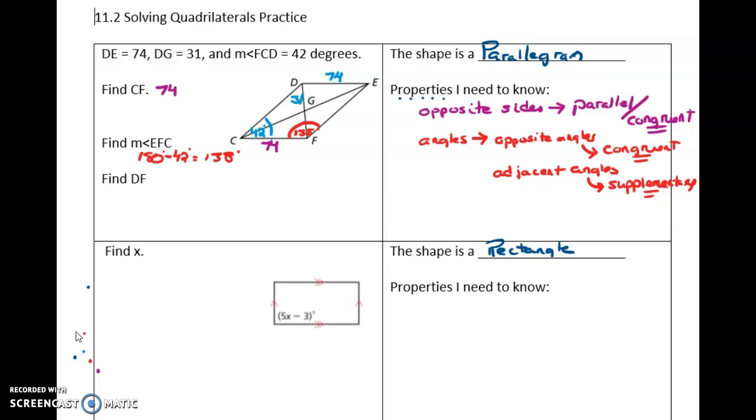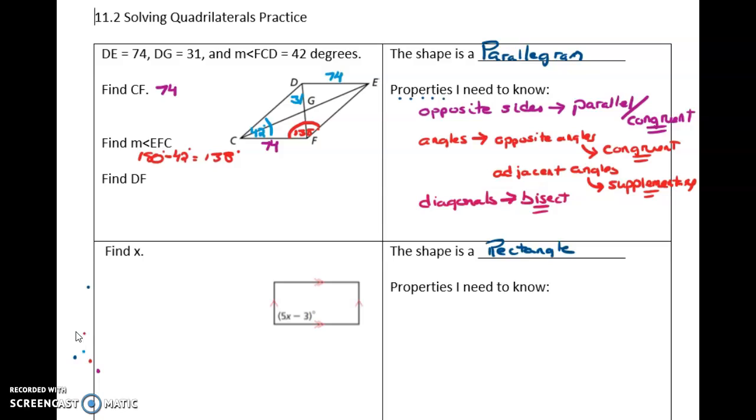But the basic property that goes along with all those parallelograms is that the diagonals should bisect. At the very least, if it's a parallelogram, they should bisect.